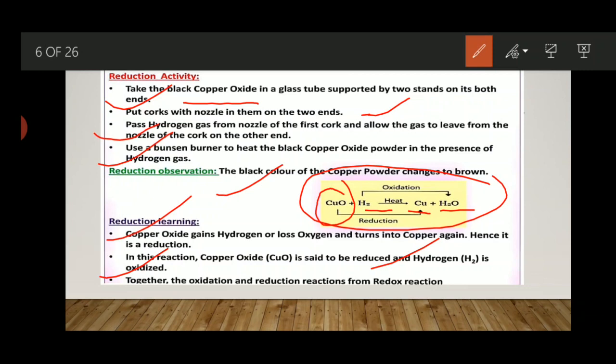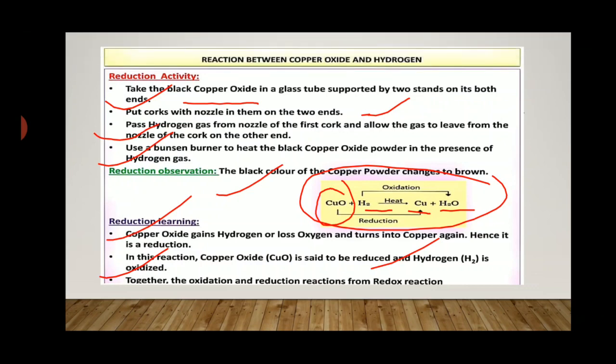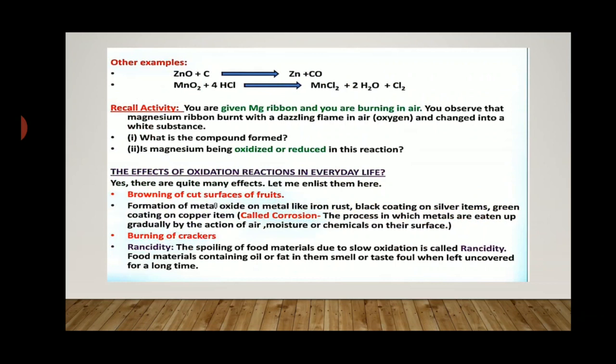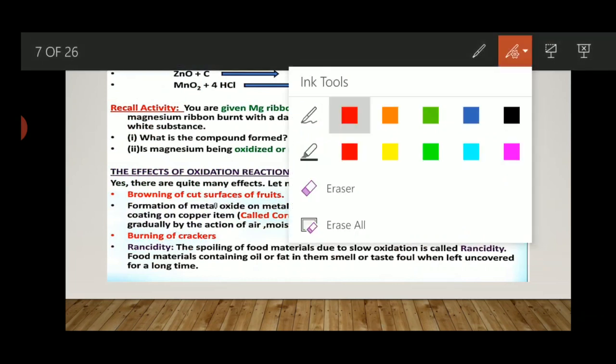Now let's discuss some more examples of redox reaction, as well as some examples of oxidation and reduction which we see in our day-to-day life. Let's see. So here other examples are there, like zinc oxide reacts with carbon and forms zinc and carbon monoxide.